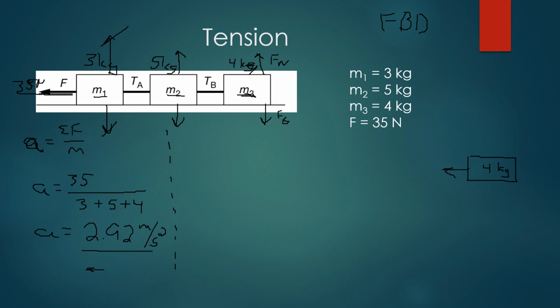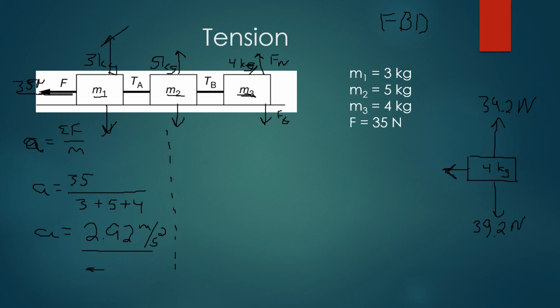Gravity is going to be 39.2. And because gravity is pulling it down 39.2, we know the normal is going to be holding it up 39.2. But if I know that the acceleration is to the left, 2.92, how can I get this arrow?